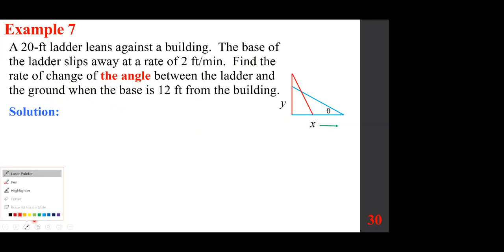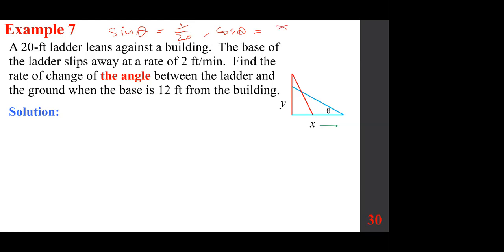A couple of things I want to write for you. I hope you remember that sine is the opposite over the hypotenuse, which is fixed at 20. And cosine is the adjacent, which is x, over the hypotenuse, which is 20.